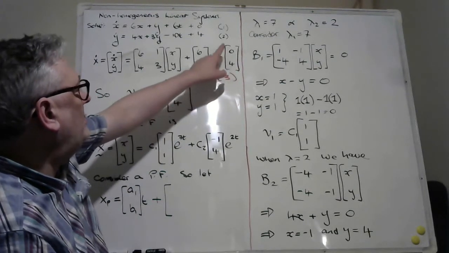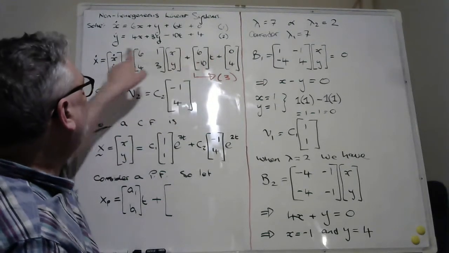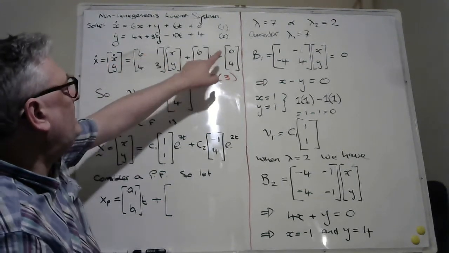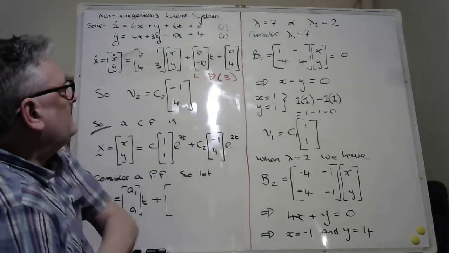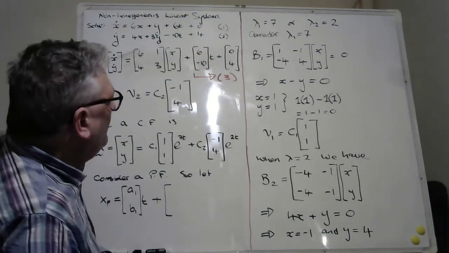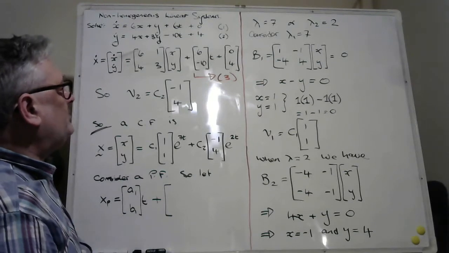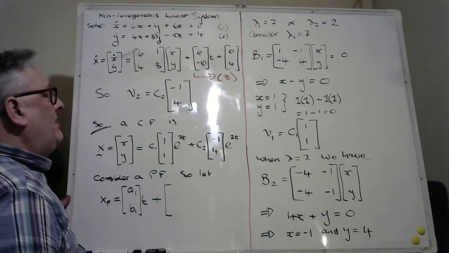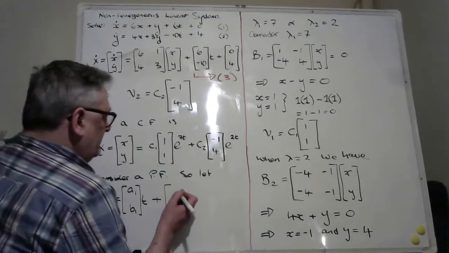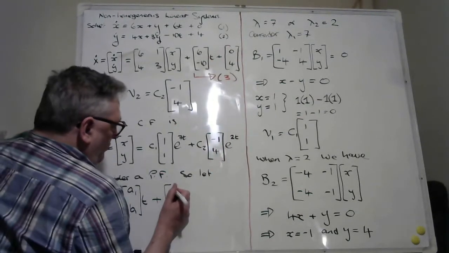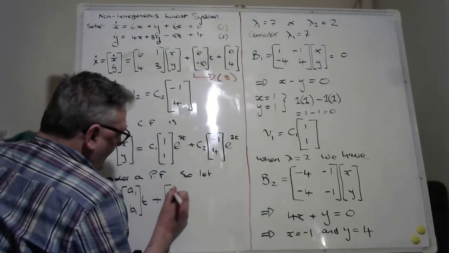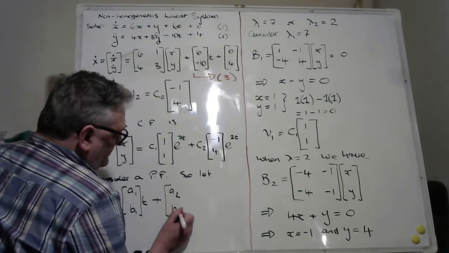We can see what these values are here, but this isn't the actual solution. It's just a system of two equations, two linear ordinary differential equations. So we'll call one of our constants A2 and the other constant B2.